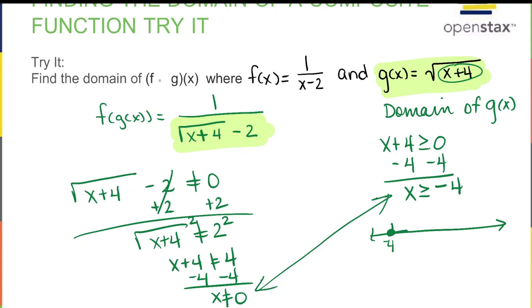It's all numbers greater than negative 4 except here, 0. So that means that we're going to have a union. We have from negative 4, including negative 4, to 0, and then from 0 to infinity.